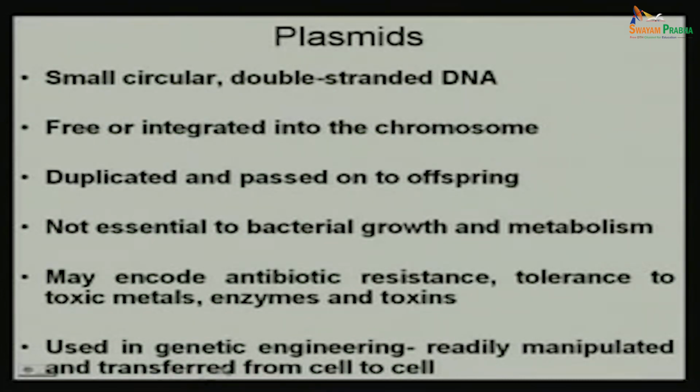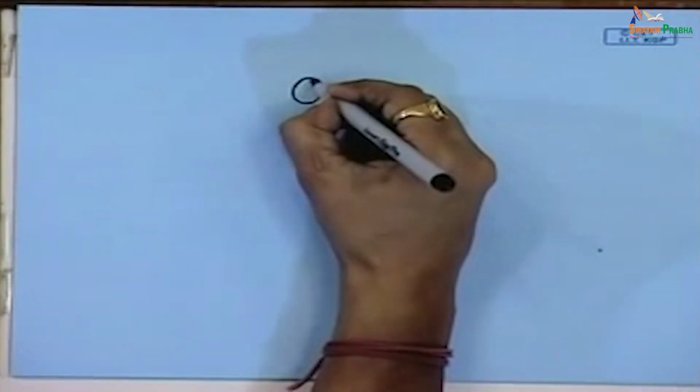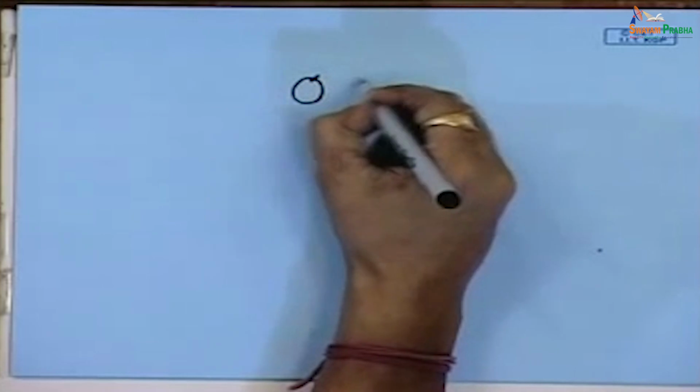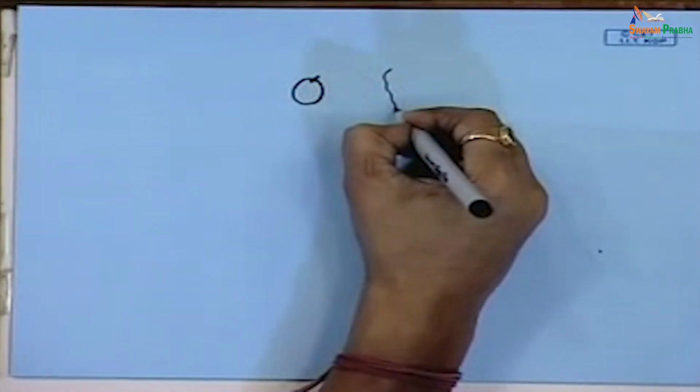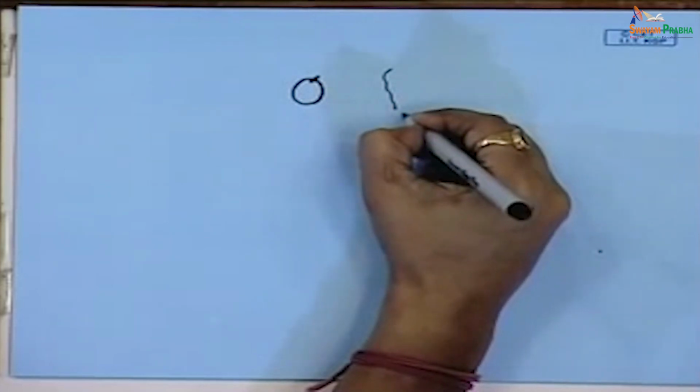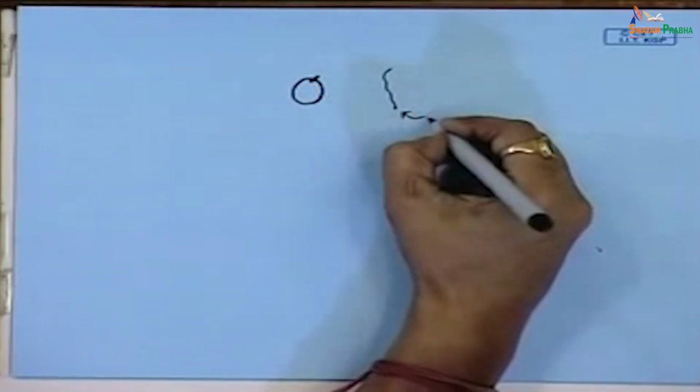It is used in genetic engineering. That means this is the circular DNA. When we cut it, this circular DNA becomes linear, and then we insert the gene of our interest.